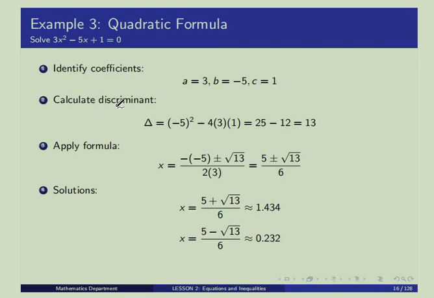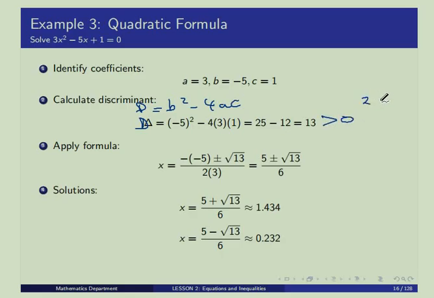So we can calculate the discriminant here. The discriminant is b squared minus 4ac, so it is minus 5 squared minus 4 times a, which is 3, times c, which is 1. The discriminant is 13, and this is greater than 0.